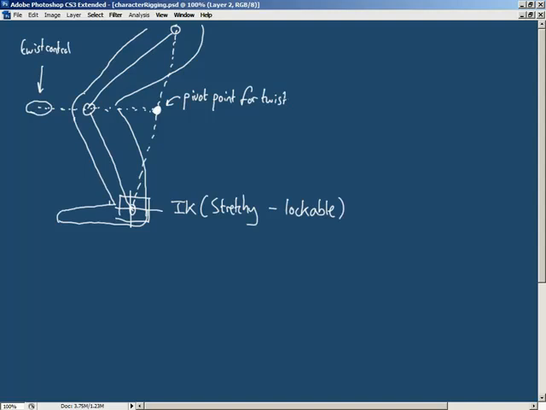That means we could come in as an animator and have control over the upper leg and the lower leg individually using parameters. So we're going to allow for an upper stretch, which will change the length of the upper bone.